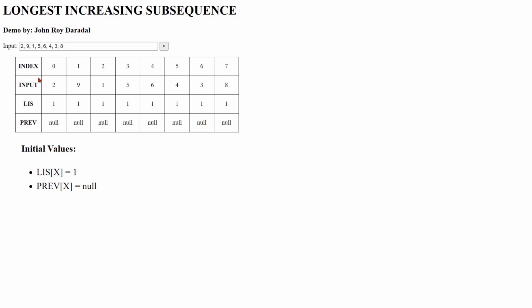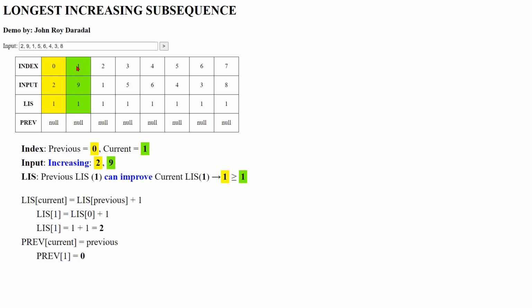Okay, we'll start at index 0. It doesn't have any previous because it's the first one, so it's just itself. Next, the current index is index 1. It has one previous, which is index 0. Will its LIS improve the current LIS? Well, it can, because if you add 1, it becomes 2, so it becomes better. And this is also valid because it's increasing: 2 and 9 is increasing. So we will consider this one.